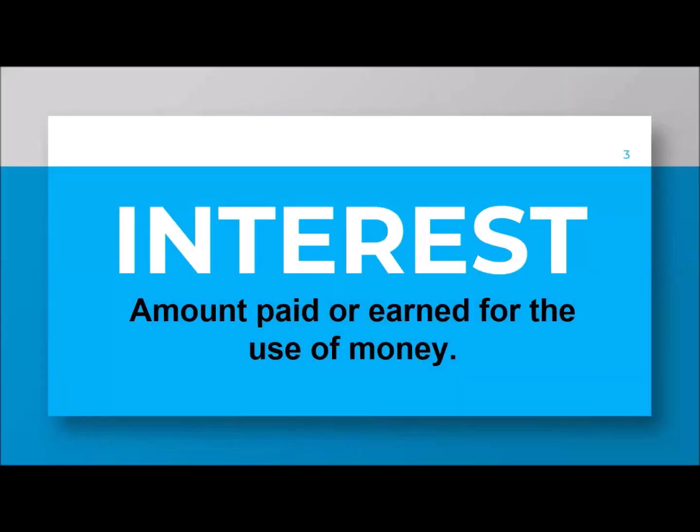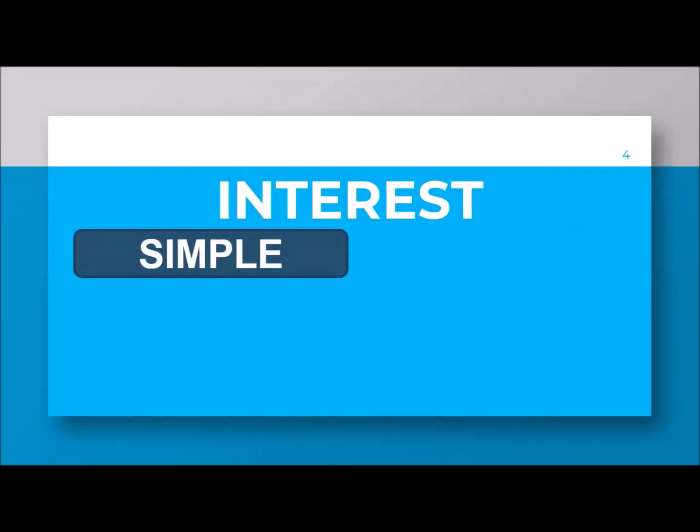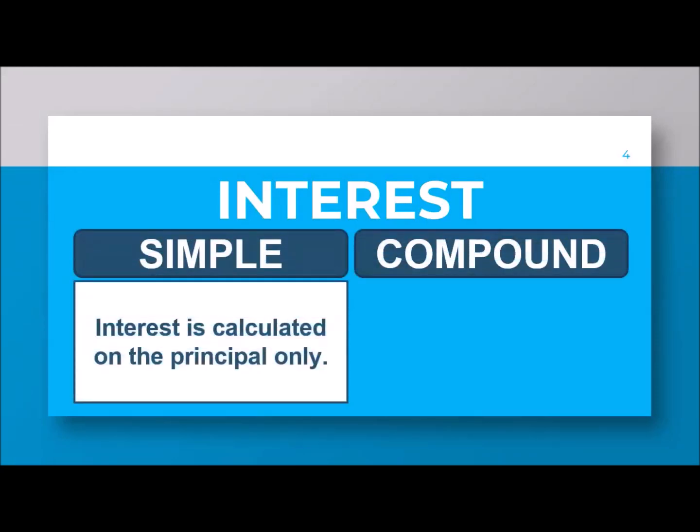So first, let us recall what an interest is, like what I've told you before. Ito yung tubo, or the amount paid or earned for the use of money. It has two types. We have the simple and compound, wherein the simple is basically naka-base lang siya, calculated solely on the principal amount.